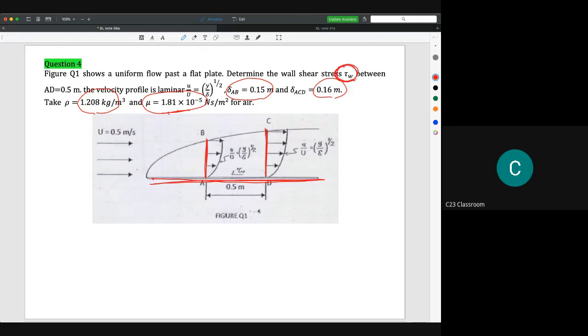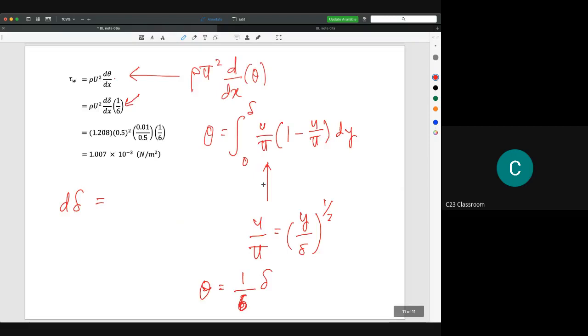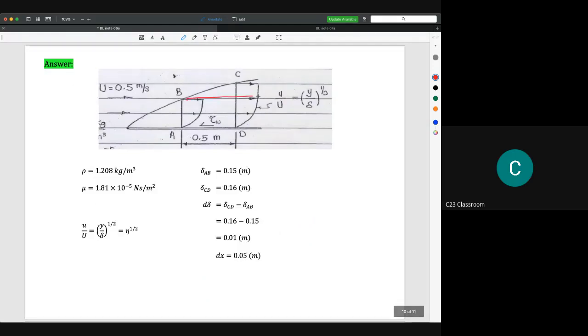So we need to calculate the shear stress between A and D only, between these two points. That means d delta here is the thickness difference between those two points, which is this thickness. So d delta is delta CD minus delta AB, which is equal to 0.01 meter.